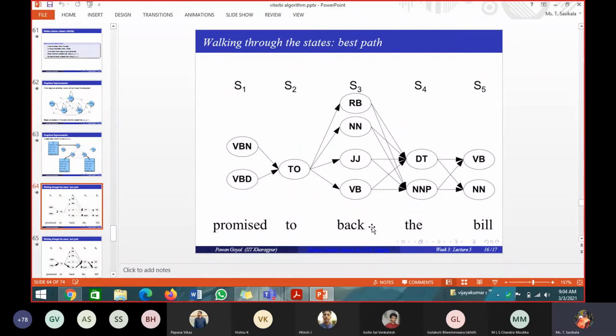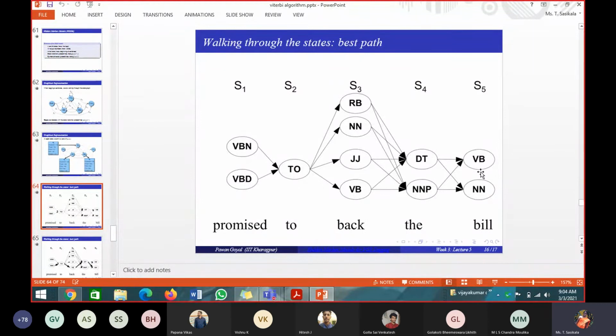It can be a verb, it can be a noun, it can be RB, it can be JJ adjective. So how many tags are given for back totally? 4. For the word the, how many tags are given in this problem? 2. For bill? 2.